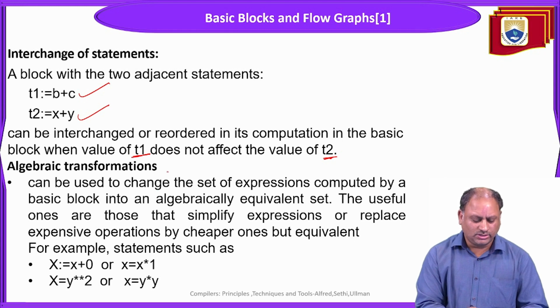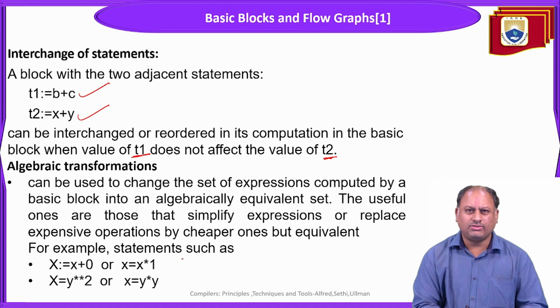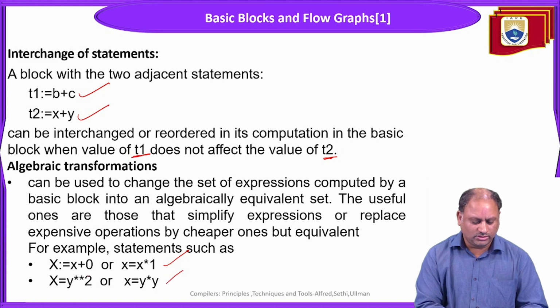And another one is algebraic transformation. We already discussed this type of algebraic transformation with examples. Same here: x equal to x plus 0, x equal to x star 1, x equal to y star 2. Star is a more resource-consuming operation than plus.